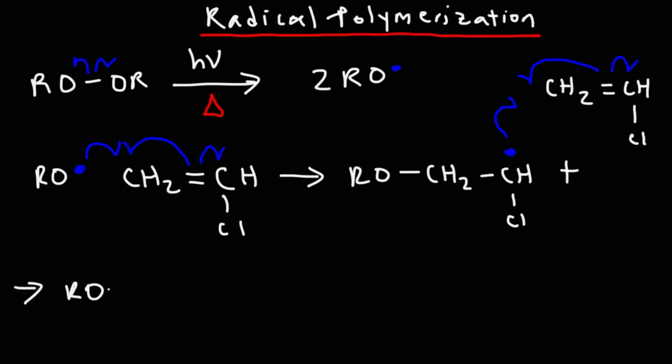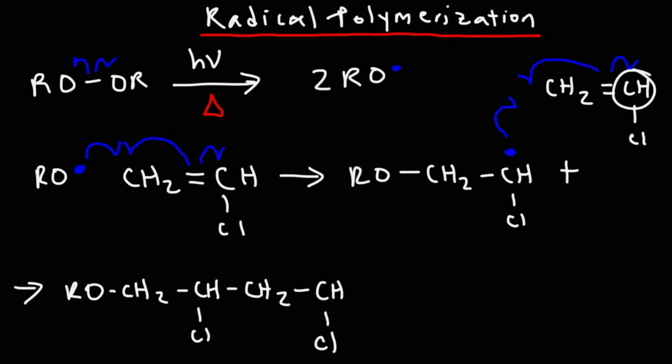So we're going to have RO, everything here, CH2CH, Cl. Now this CH carbon is connected to that CH2 carbon. We broke the double bond, so now we have a single bond. And now the radical is on the CH carbon.